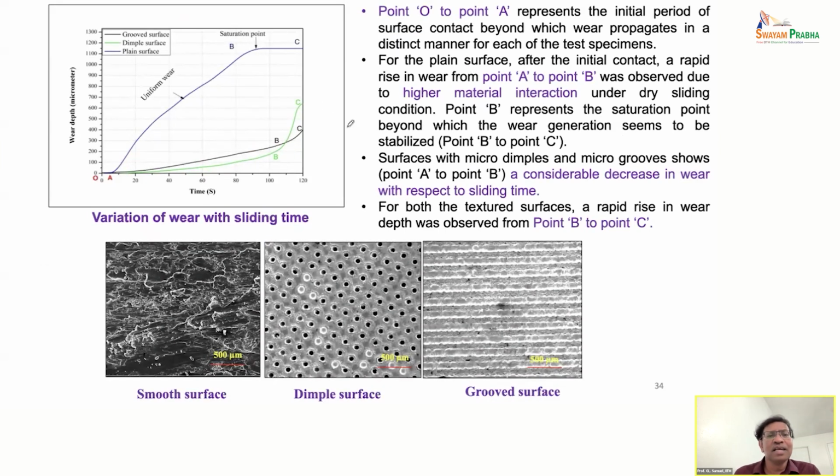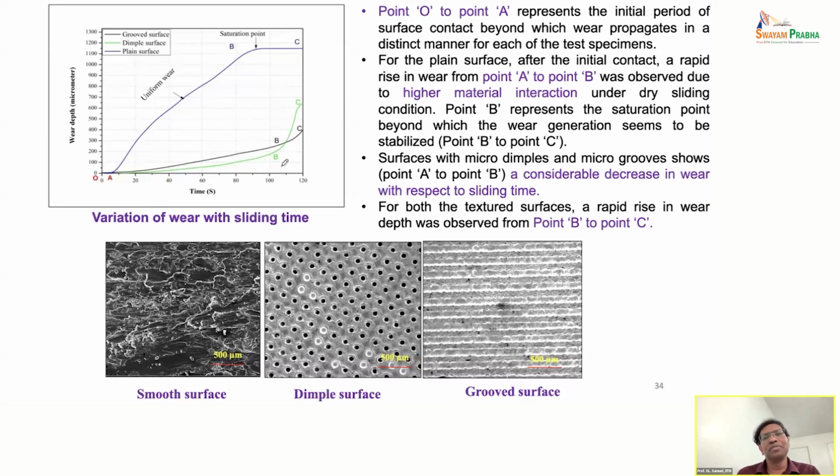Here we also see the variation of wear with the sliding time. Now we find that the friction in the plane surfaces goes like this, but with the textured one and the dimple one, the wear depth actually is less.